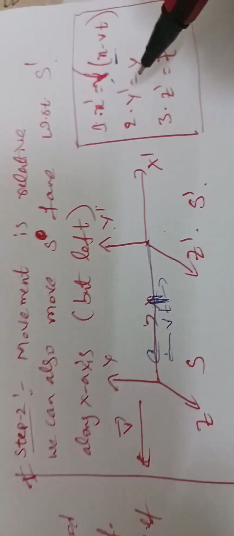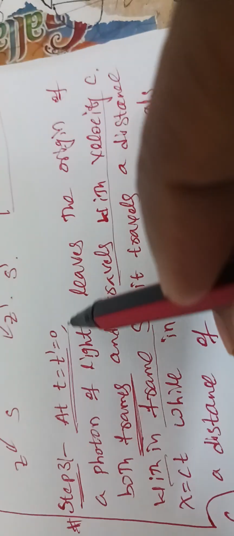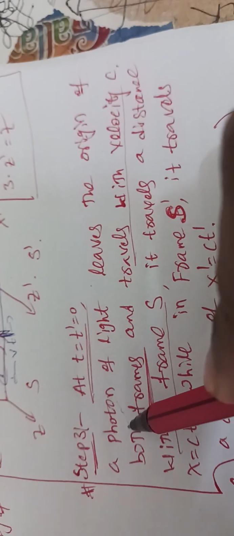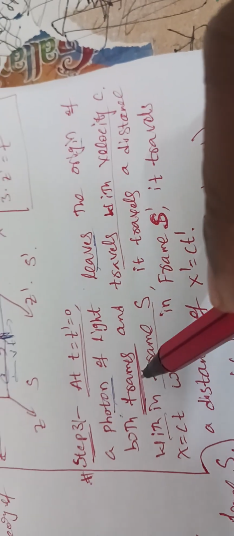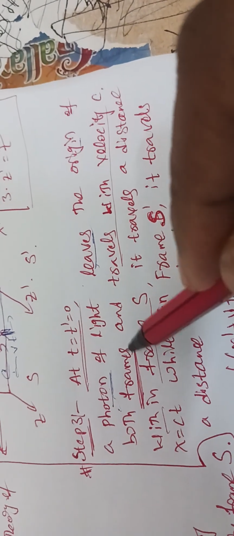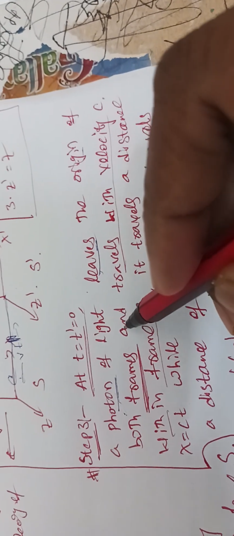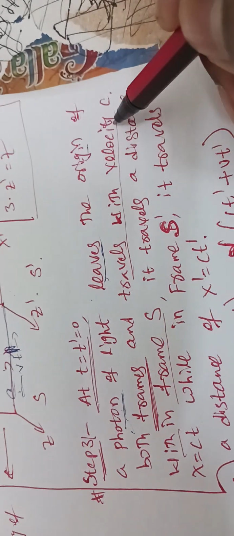Now, for the next case, at time t equal to t dash equal to 0, let us say a photon, a particle of light, leaves the origin, with both the frames coinciding. Whenever the light leaves from both the frames, it travels with the velocity c.